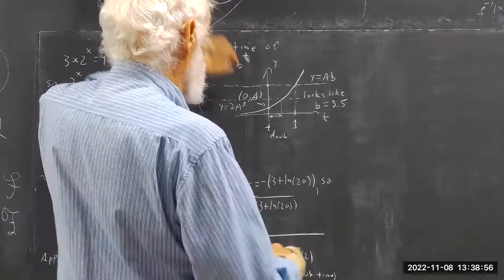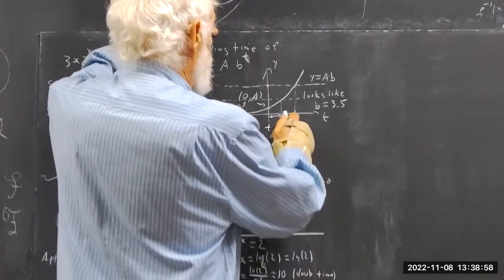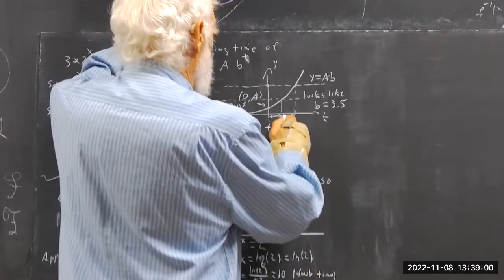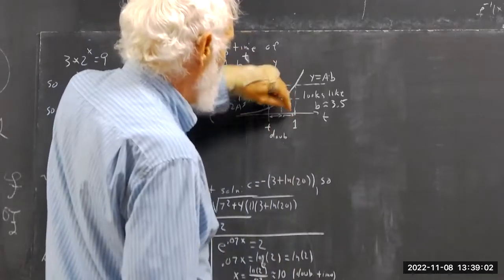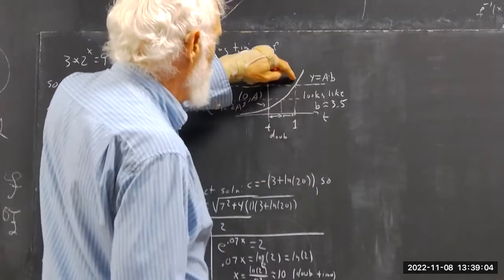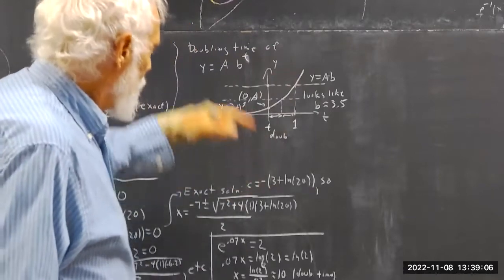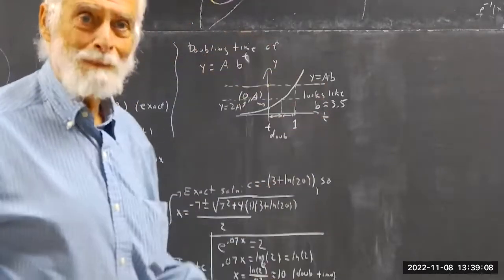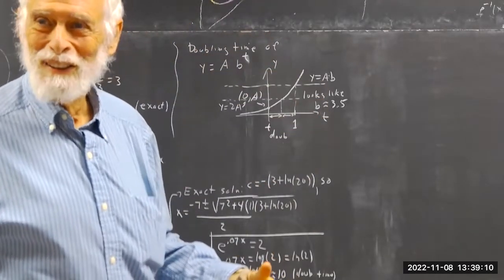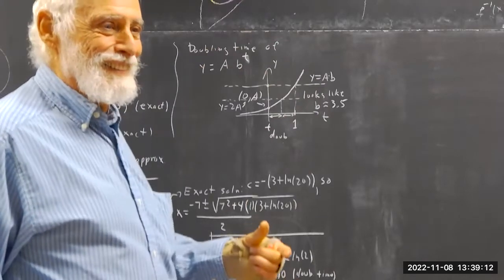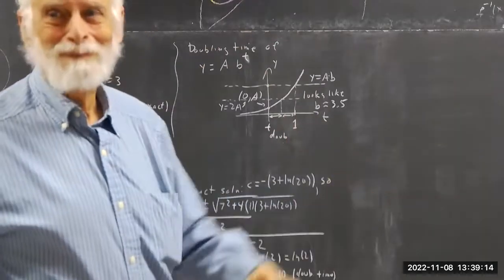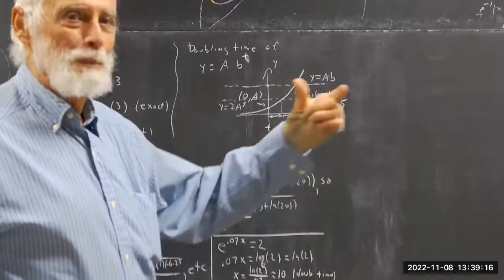If my graph depicts a good exponential function, then another doubling time would get us to here, and if you double a doubling, you get a quadruple. 2 times 2 would be 4.